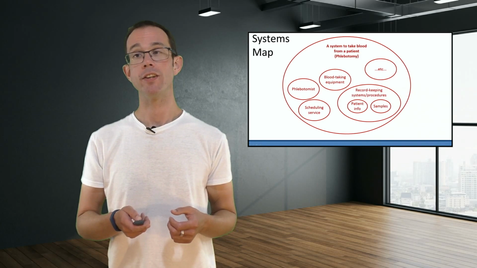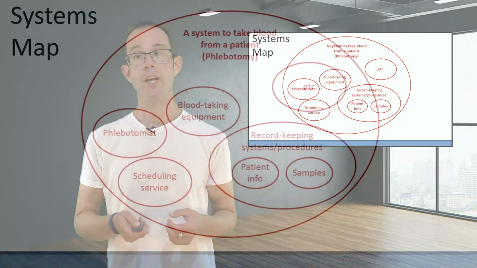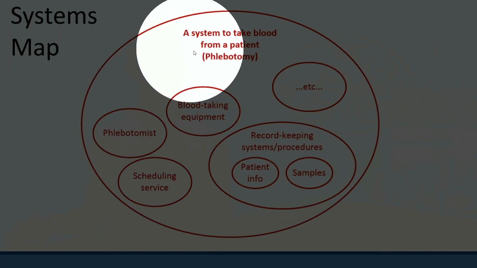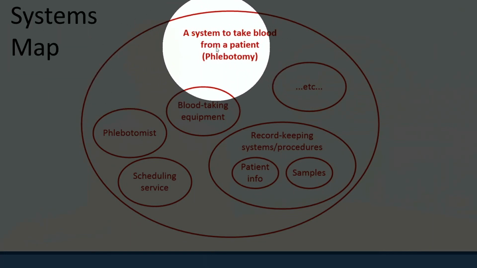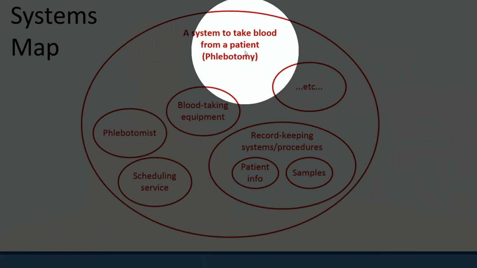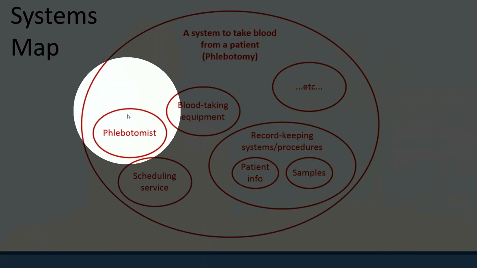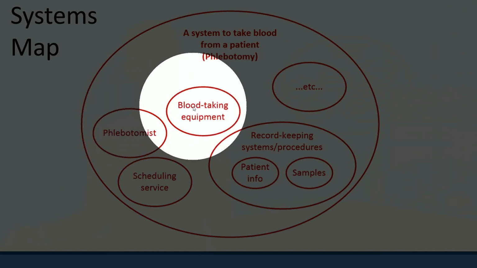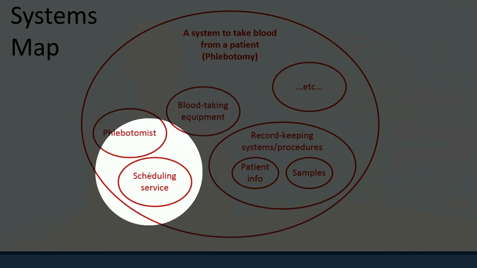So here's an example. You can see we've got a system which I've named a system to take blood from a patient. And we might say to the phlebotomist, from your perspective, what's inside this system? And they might say, well, me, of course, I'm the phlebotomist. And I need my blood taking equipment, and we've got to have a scheduling service.